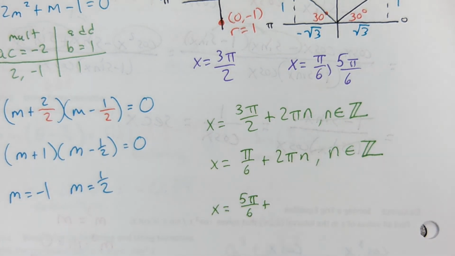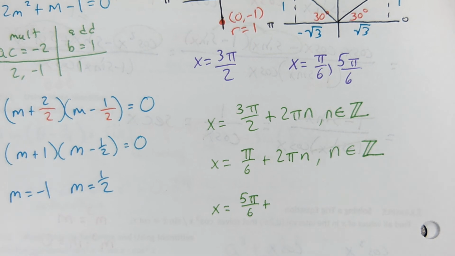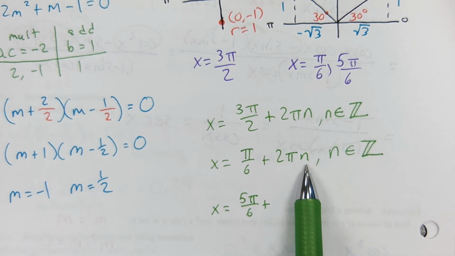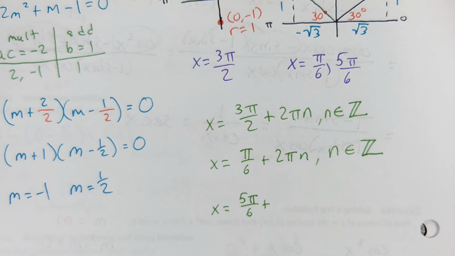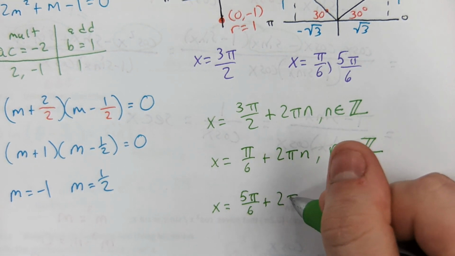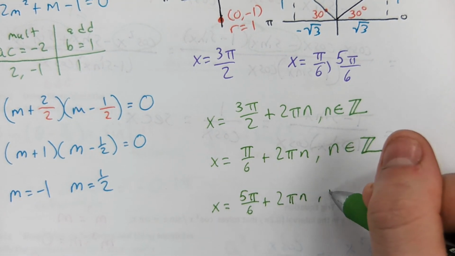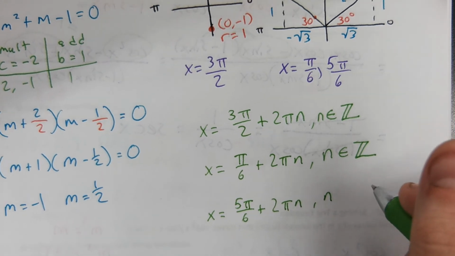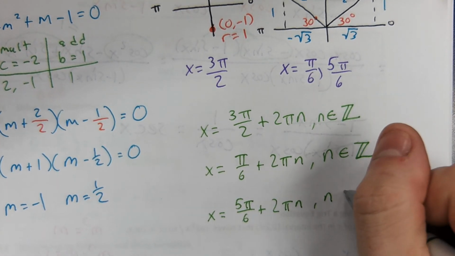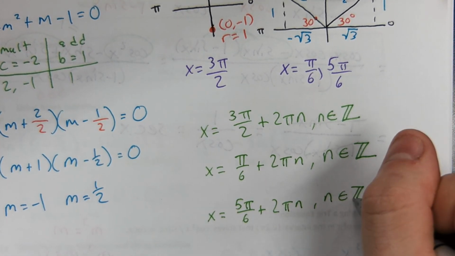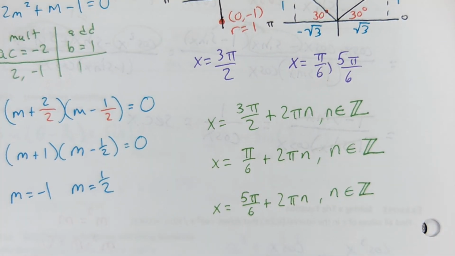If you have to say all solutions, you do plus 2 pi n. Where, yeah, because this says some number of full circles. That's all that says. Because if you don't say n, you're just saying 2 pi. That implies only one circle.